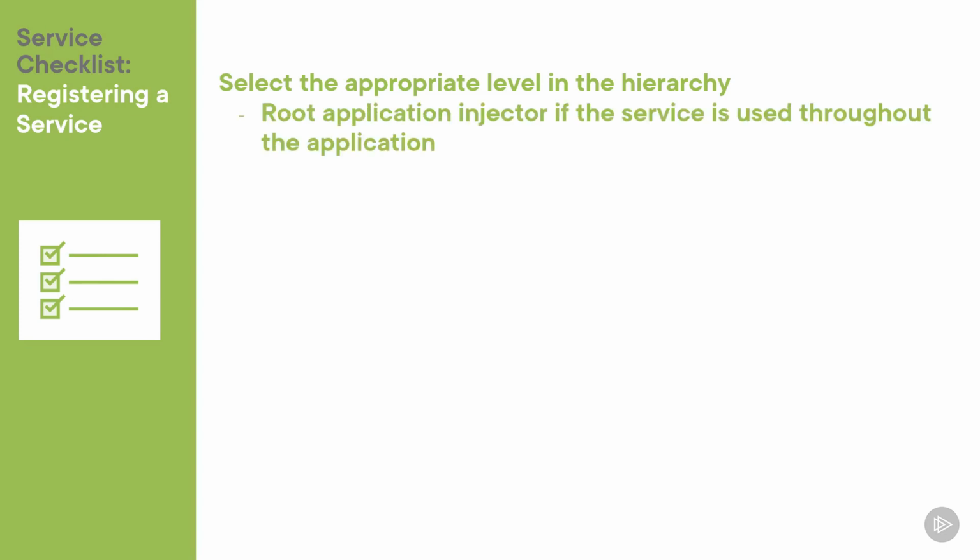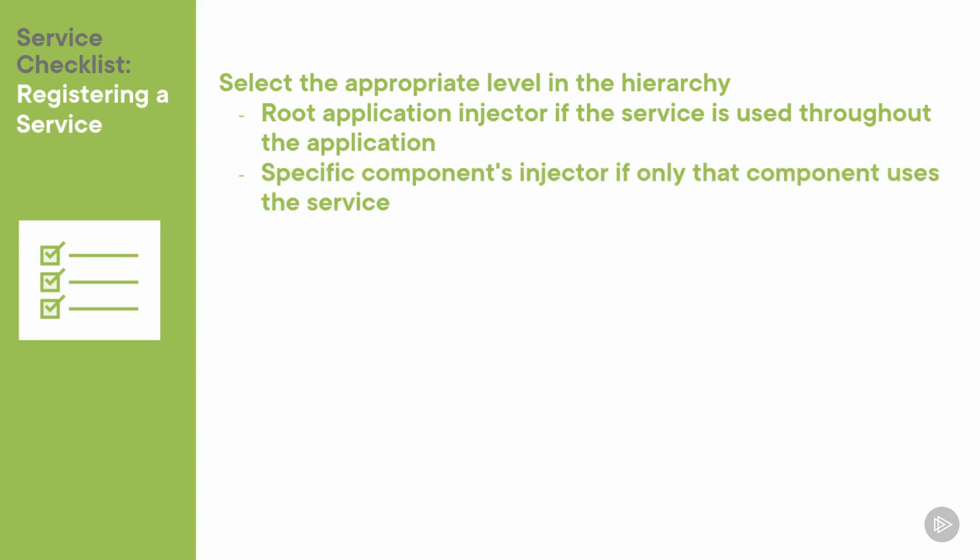The first step to registering a service is to select the appropriate level in the injector hierarchy that the service should be registered. Use the root application injector if the service is shared throughout the application. If only one component and its children needs the service, register it with that component's injector.